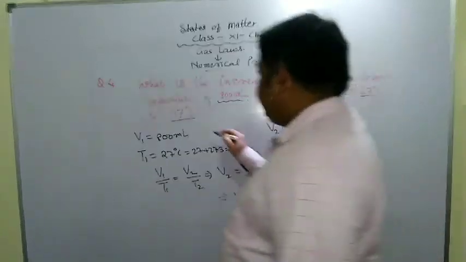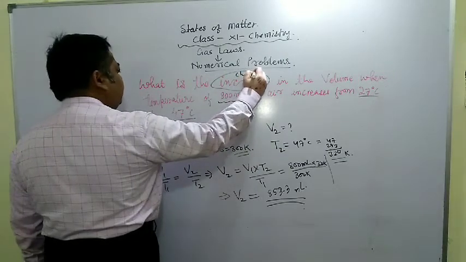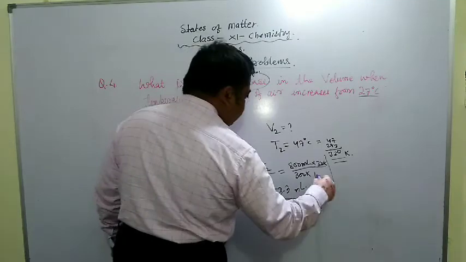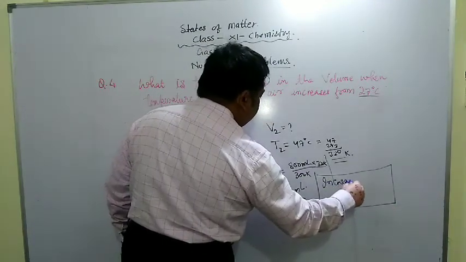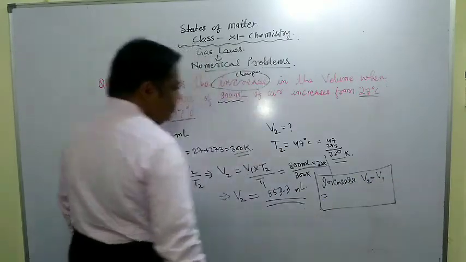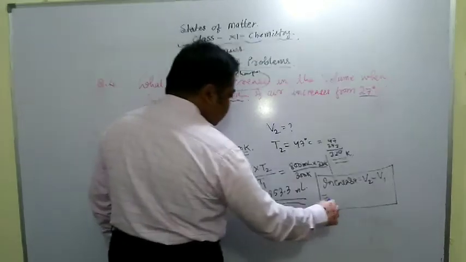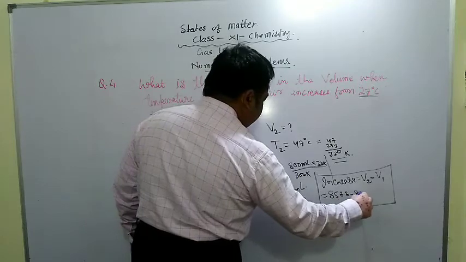So what is the increase? Increase means you have to find out change, isn't it? Increase will be V2 minus V1. So V2 is 853.3 minus 800.